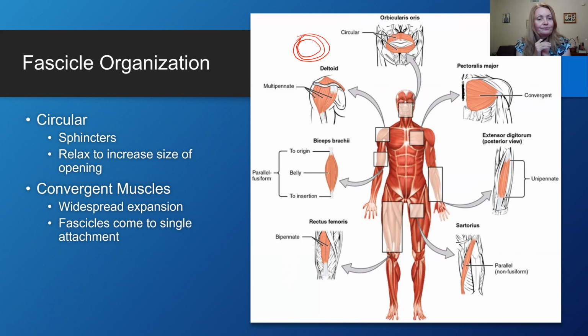Convergent muscles: fascicles come to a single attachment, and that would be the example of your pectoralis major, for example, right? Muscles right over there. So they all converge at the same point.